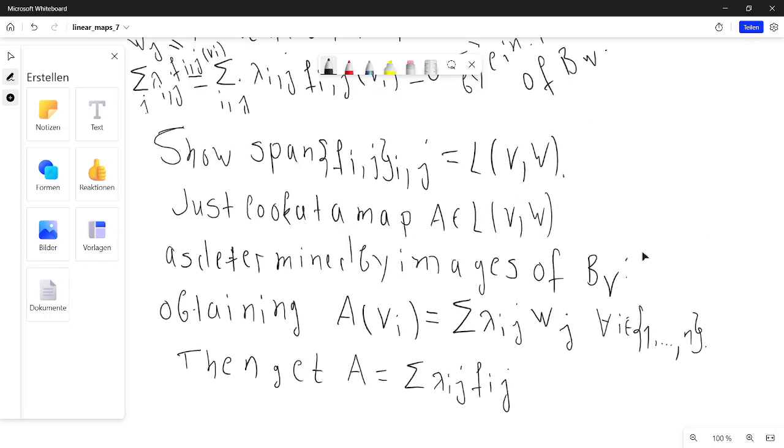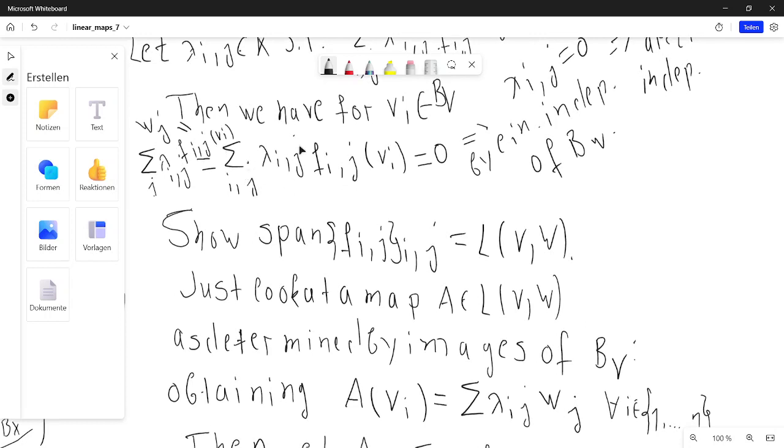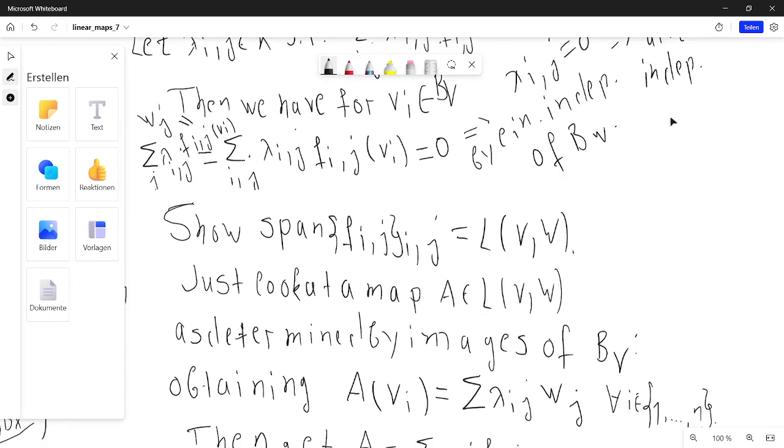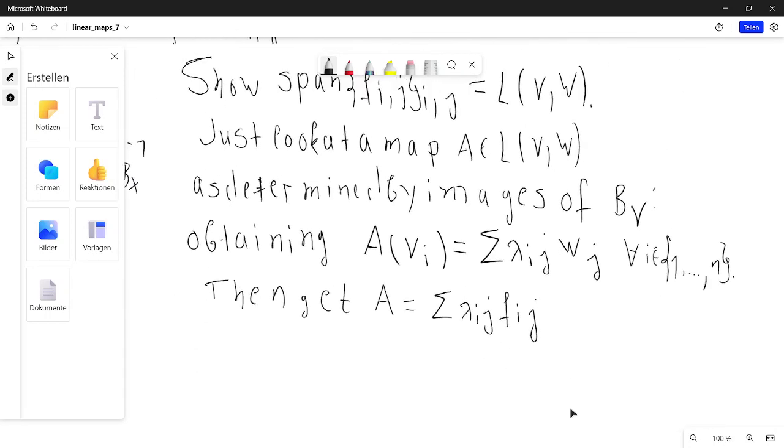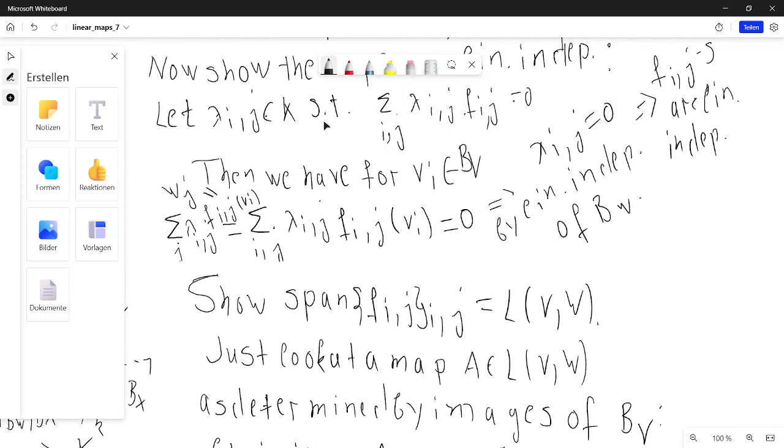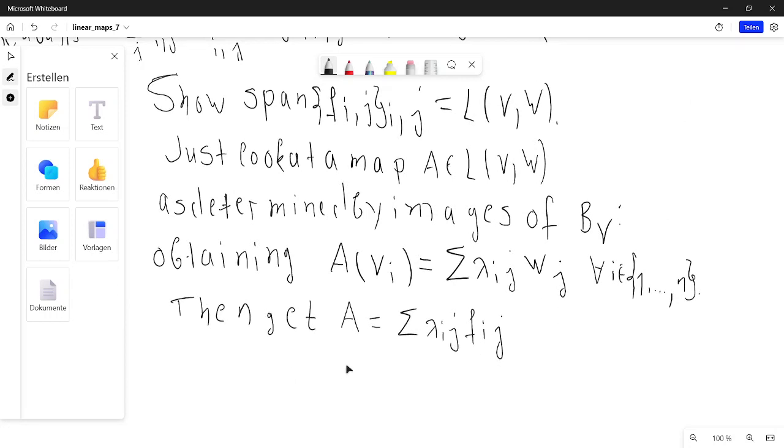And please don't mix it up with this here. This was one part, and you should understand that this is another context. These are of course not the same lambdas as here. They were just any lambdas, right? We just took some for the sake of argument. Here the argument was finished, so these are just some lambda ij's, and we are interested in that they exist, right?